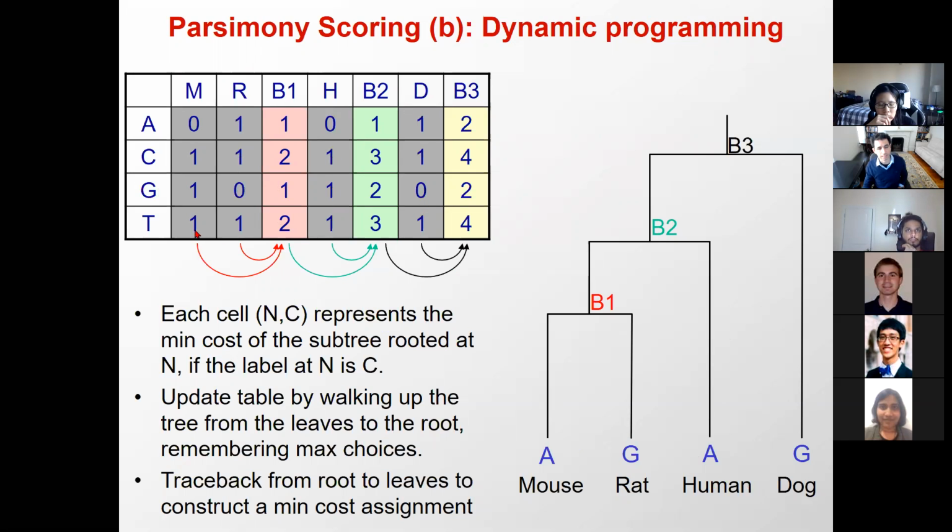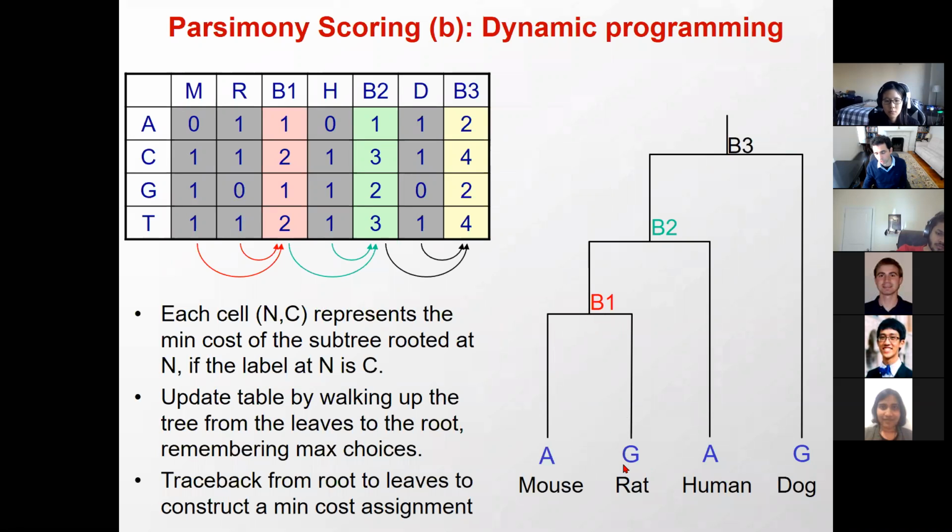And now I can say, what are the possible scores for this internal value B1? The possible scores are either 1 if I change into an A, or 2 if I set it to be a C, or 1 if I set it to be a G, or 2 if I set it to be a T. Namely, if I set it to anything but these two values, then I'm going to have to pay an extra cost for changing here and here.